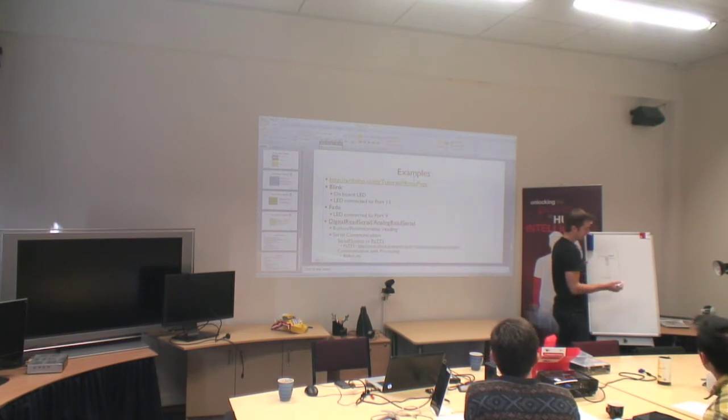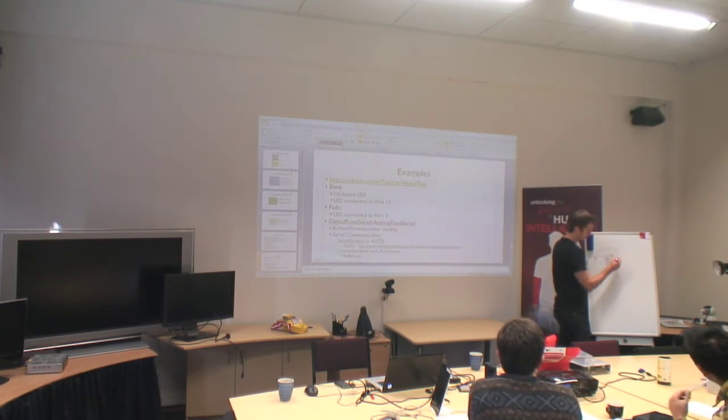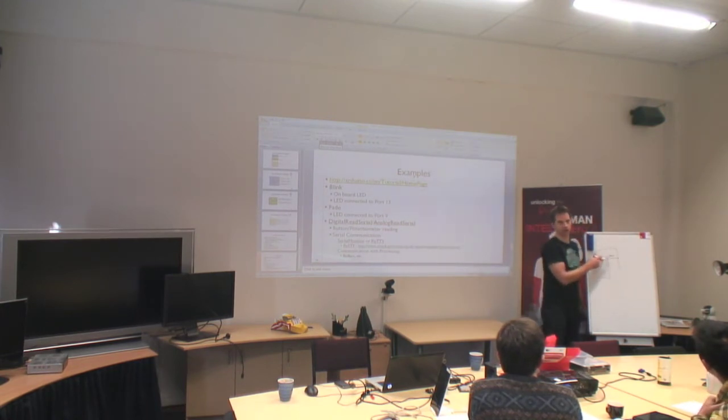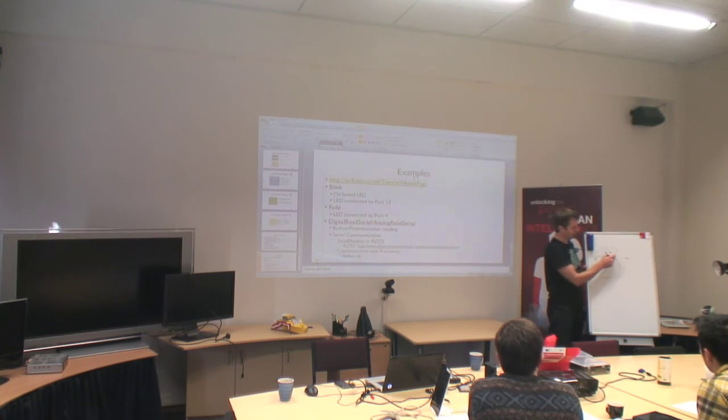Say here's a line, and here's my 5 volts, and if that's connected up to here, and then I connect my input in like that, digital read will return 1. So 1 equals 5 volts. It's basically reading where I'm connected to on this line, what is the voltage at that point compared to my 5 volts. So if it's 5 volts, it'll be 1.